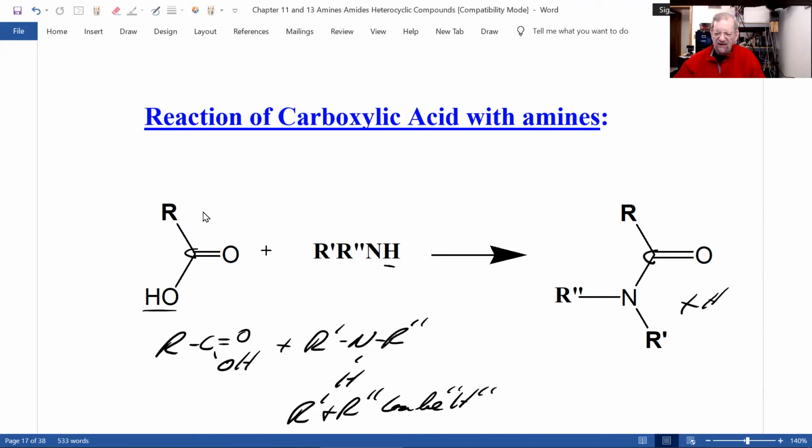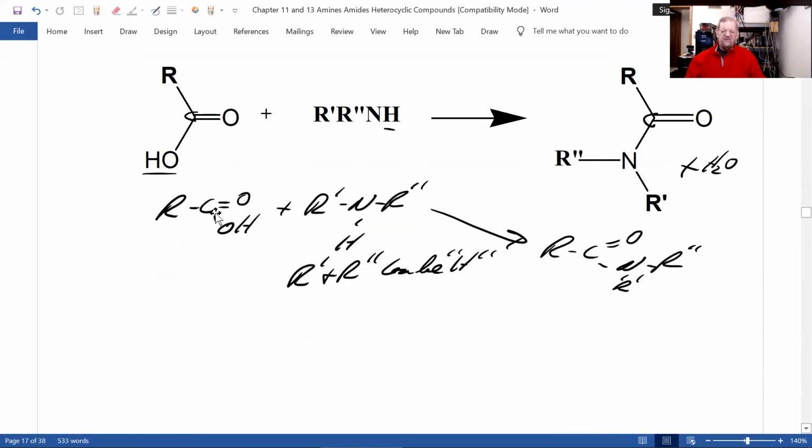You form water, in this case, and you make an amide. That's how you make an amide. When I worked for AXO, we used to make about 1 million pounds or more a week, every week, sometimes a lot more. And that's how you make an amide.